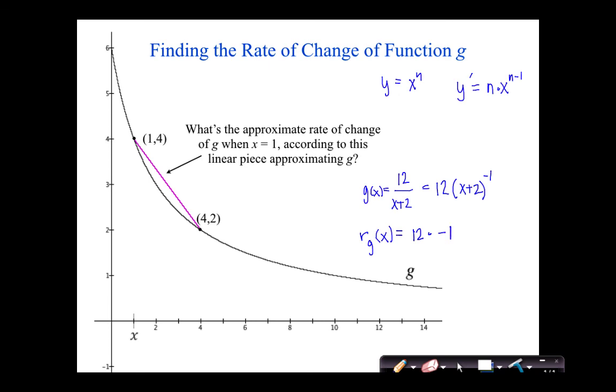But if I follow what power rule said, I'd have one lower a power, which is 1 lower than negative 1, negative 2. So I've got a 12 times a negative 1 and an x plus 2 to the negative 2 power. X plus 2 to the negative 2 power is also known as x plus 2 squared in the denominator.